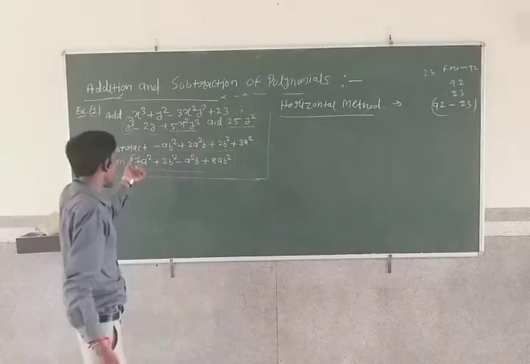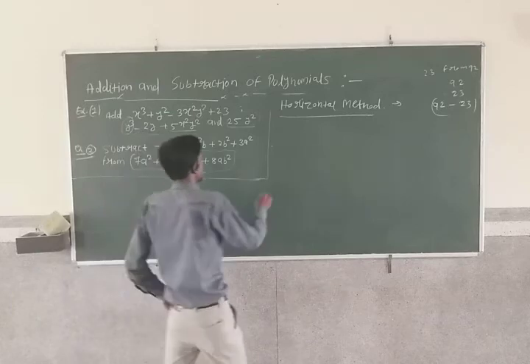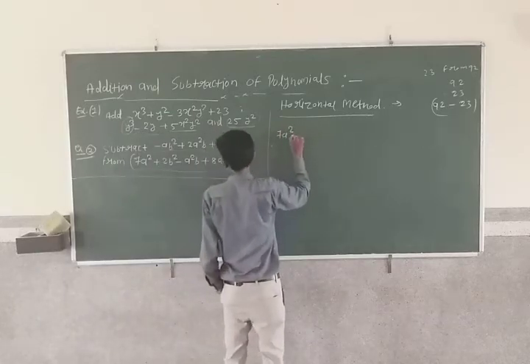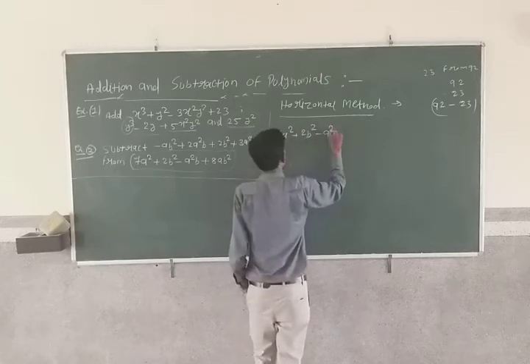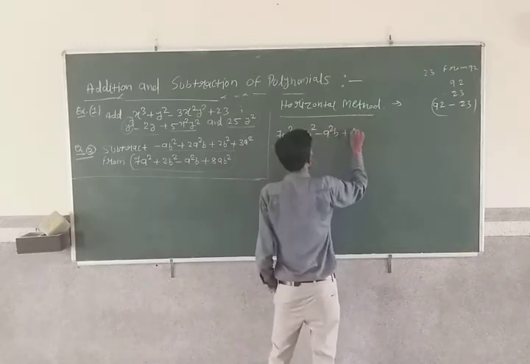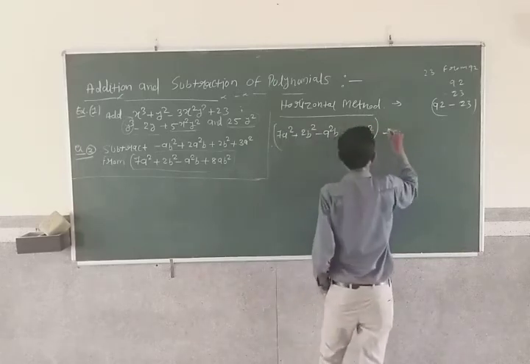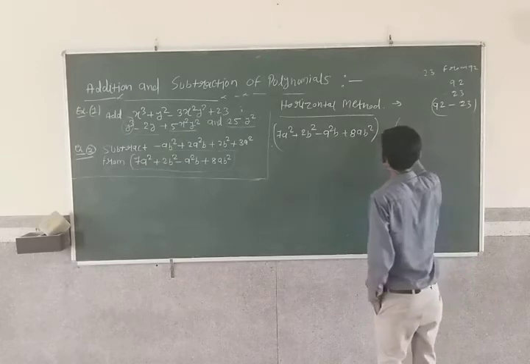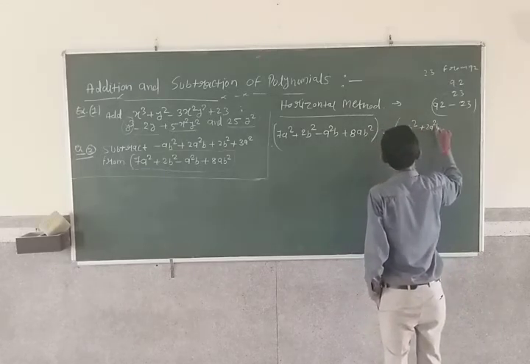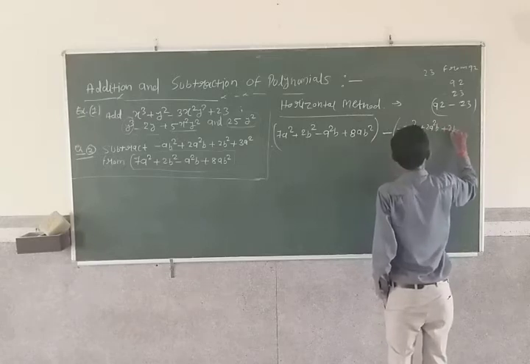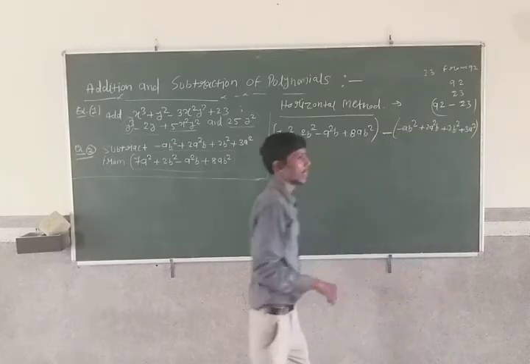So here also, the polynomial written after "from" we write first: 7a square plus 2b square minus a square b plus 8ab square. Now we need to subtract, so put minus, and then minus ab square plus 2a square b plus 2b square plus 3a square. Like that I will write.